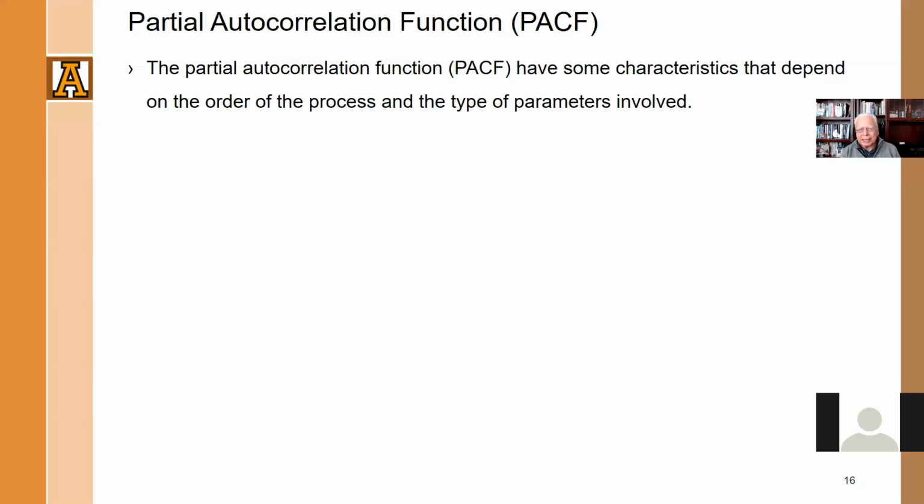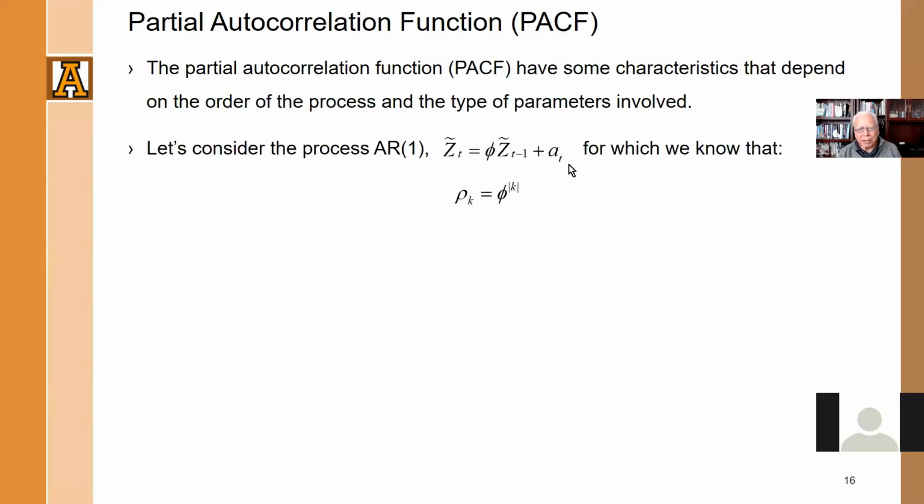Okay, the partial autocorrelation function will help us determine the order of an autoregressive model. This is similar to regression analysis, when you do regression on one variable, given that you already have another one in the regression equation. So let's start with a simple AR1 process, where Z_t is phi, our parameter, times Z_{t-1} plus a_t.